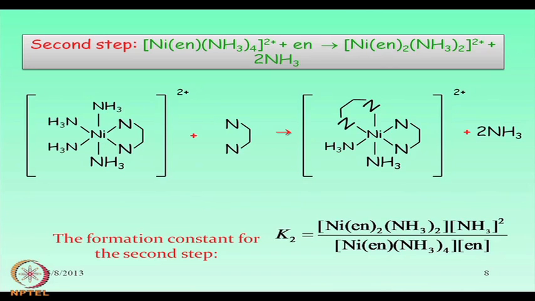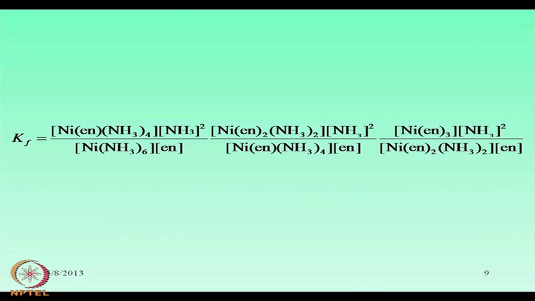If we are able to know the concentration of the intermediates, the very transient species which are disappearing very fast from the solution medium because they immediately react with the third ethylenediamine molecule, we should then be able to find out the corresponding value for the second step, that means the K2 value for the reaction.